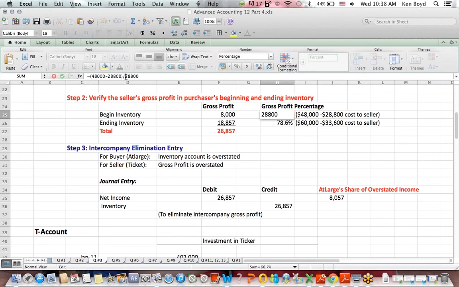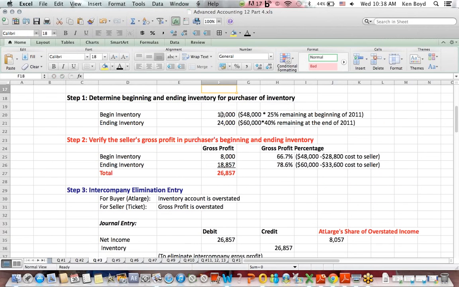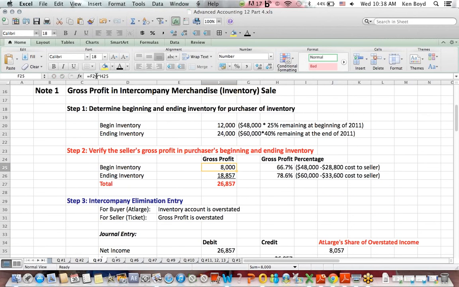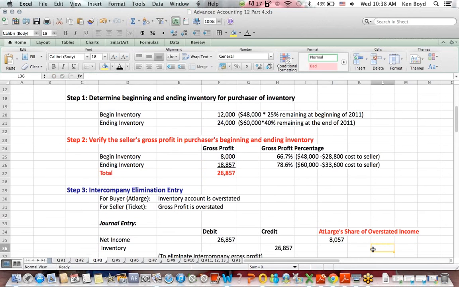So it's sale price less cost divided by cost to get the markup, about 67% beginning inventory, about 79% ending. And then I'm multiplying the inventory amounts I found in step 1, blue, by the gross profit percentage in green to come up with the gross profit that's in that inventory, both beginning and ending.